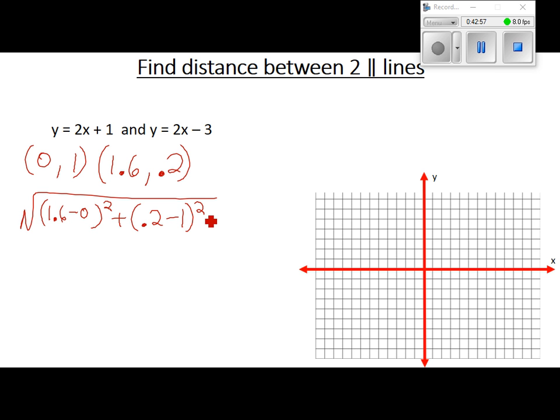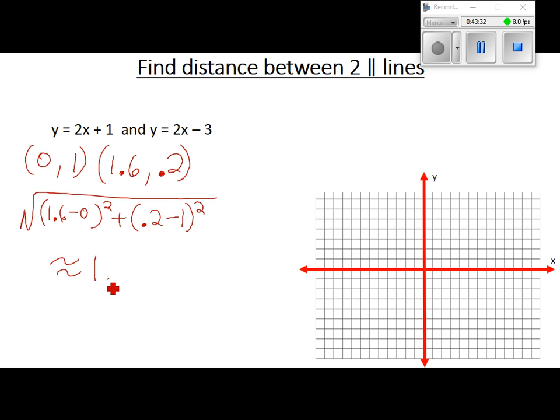I do 1.6 minus 0, close the parenthesis, squared, plus another parenthesis, 0.2 minus 1, close the parenthesis, squared button. And then I got to remember at the very end to close the parenthesis that the calculator put in. So Harry's going to push equals, give us his answer.